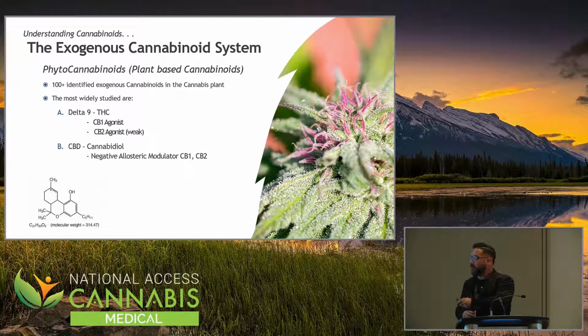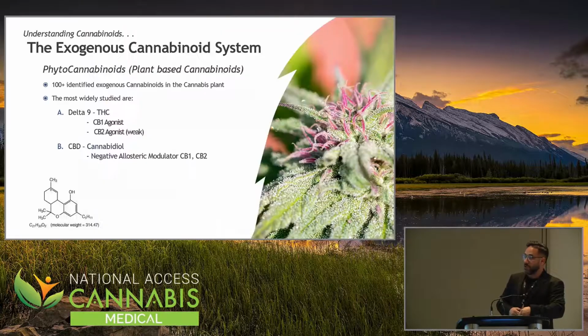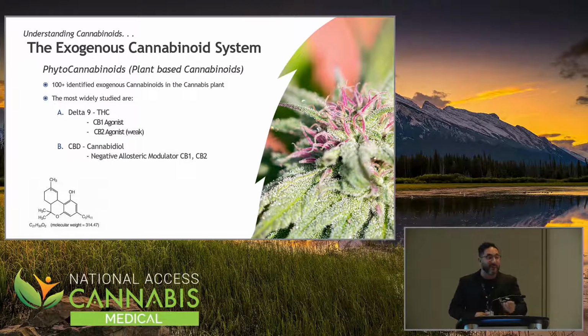What we do know about CBD is that THC binds or interacts with the CB1 receptor, right? It exerts most of its force and causes an action. It agonizes the CB1 receptor in some way.